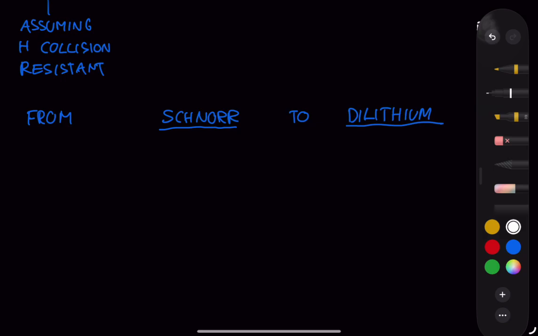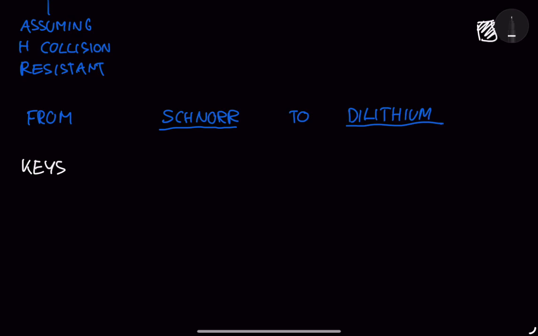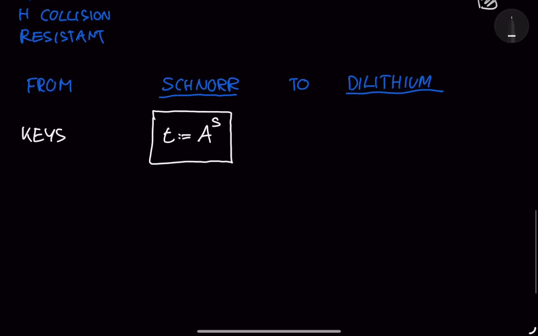Let's start with the keys. Again, we have the keys. The keys can be written like this. This is the key. And we immediately do the Dilithium part.